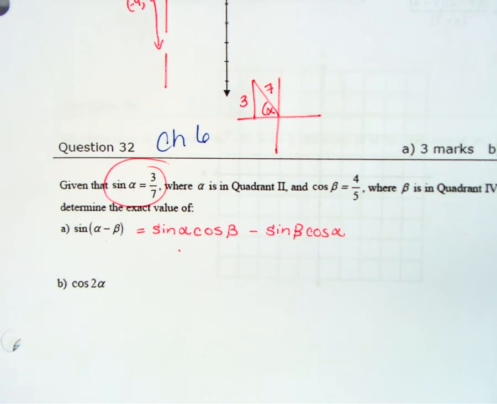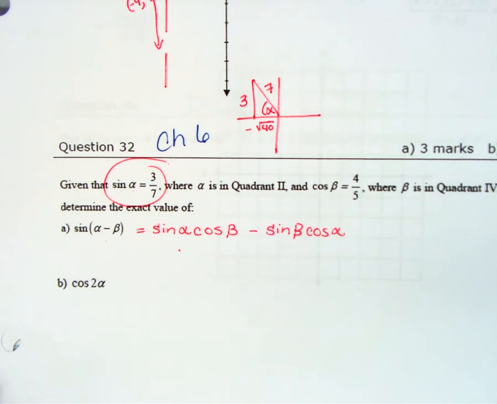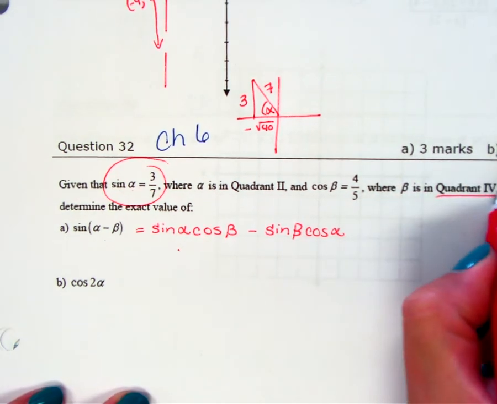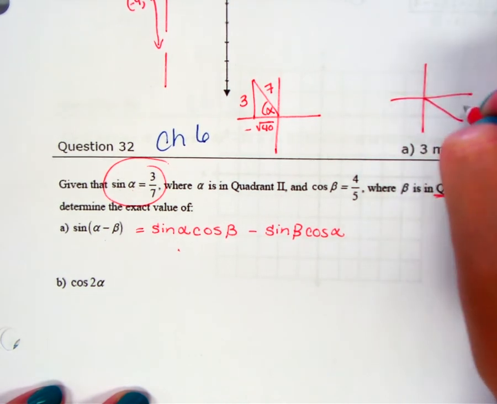What is x? Root 40. Is it positive or negative? Negative because you're in quadrant 2. Okay, not even going to ask you to simplify it. You can leave it as root 40. So now we're going to move over to beta, and beta's in quadrant 4.